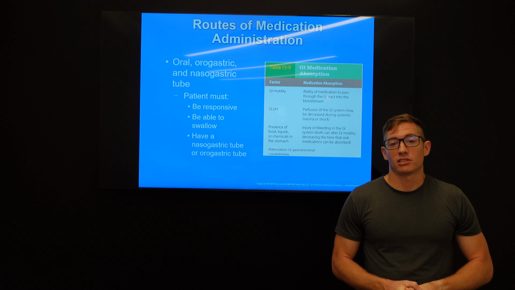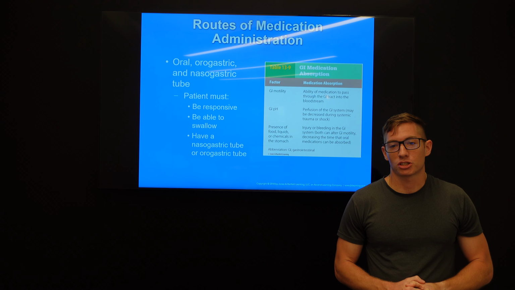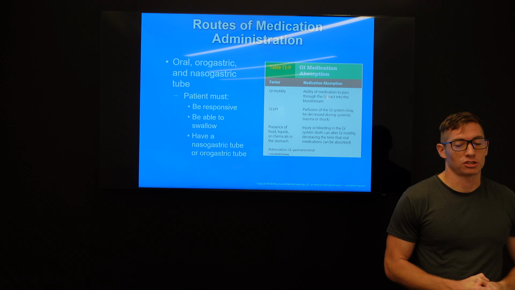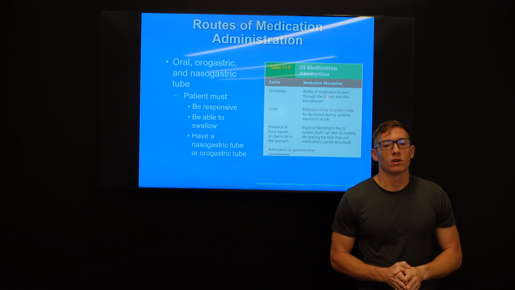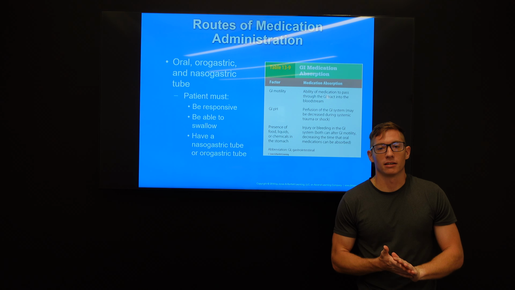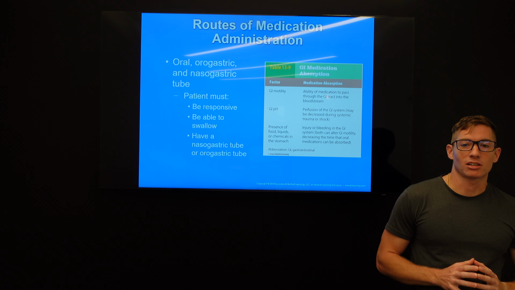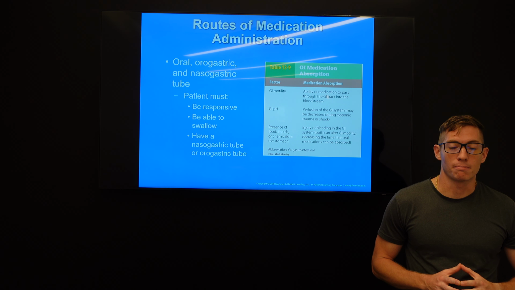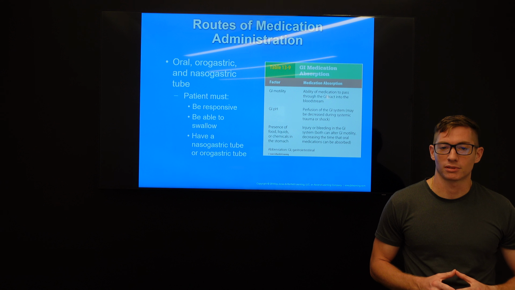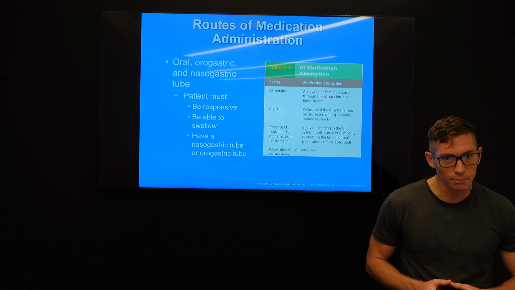Patients must be responsive so they don't choke, must be able to swallow, or have a nasogastric tube or gastric tube inserted. Once administered, the medication absorption can vary. GI medications can be subject to first pass metabolism. I don't know why it's hard to say that word.